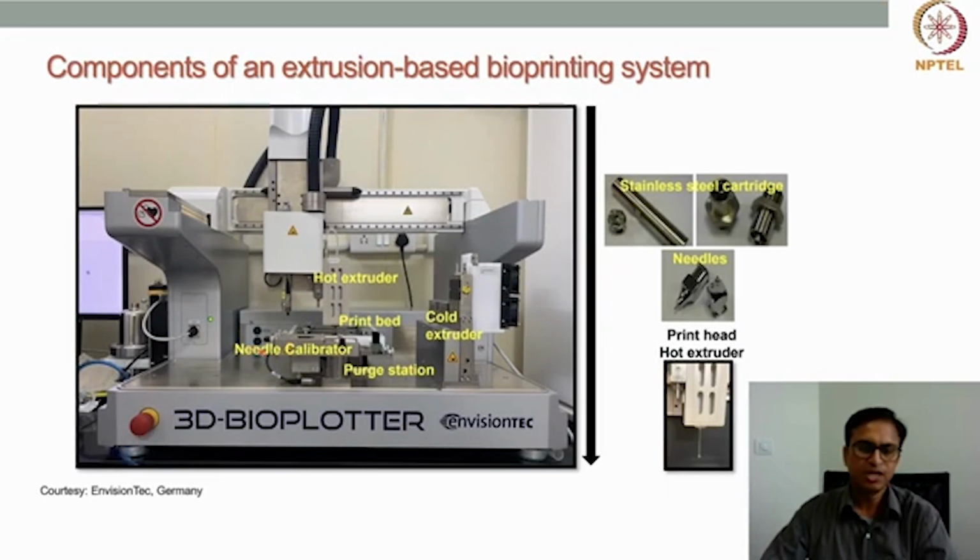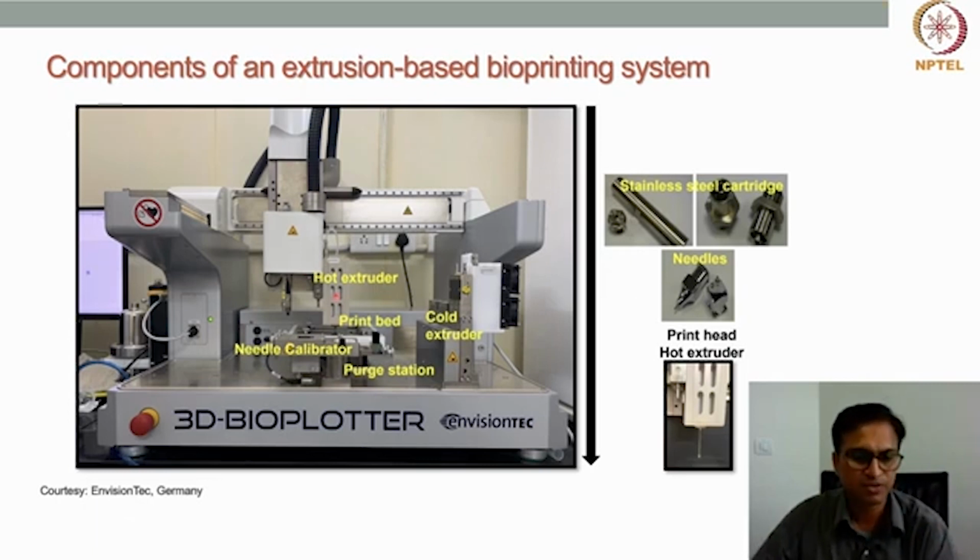Now in the Biotech 3D bioplotter, the different components are shown here. We have two types of extruders. This is a hot extruder. That means the syringe is encased with a temperature control jacket, so the temperature can go from room temperature to higher temperature. So it is good for any material where the printing needs to be done at higher temperature, right?